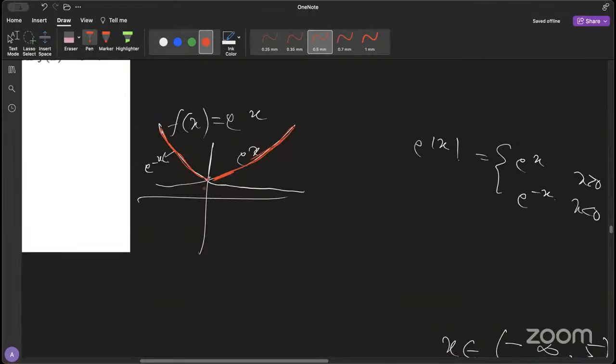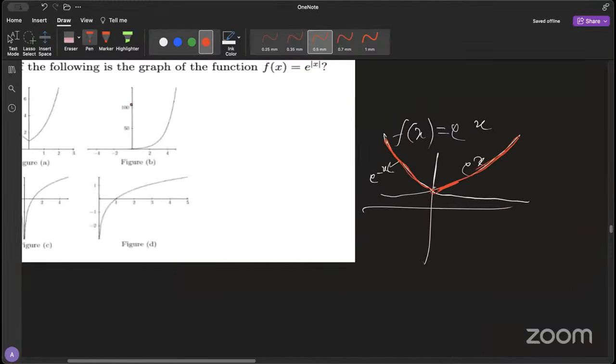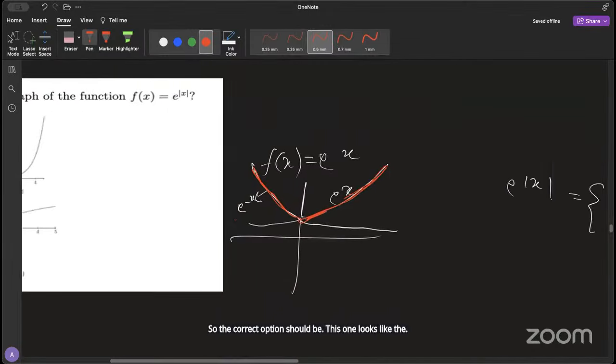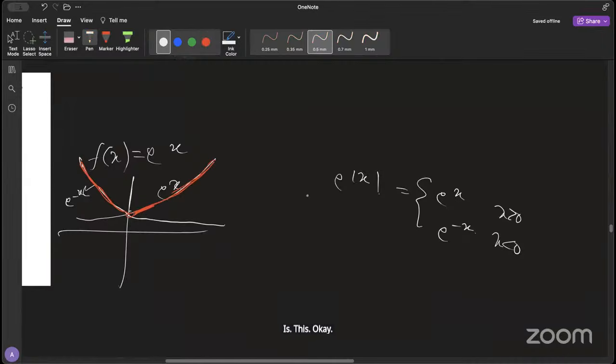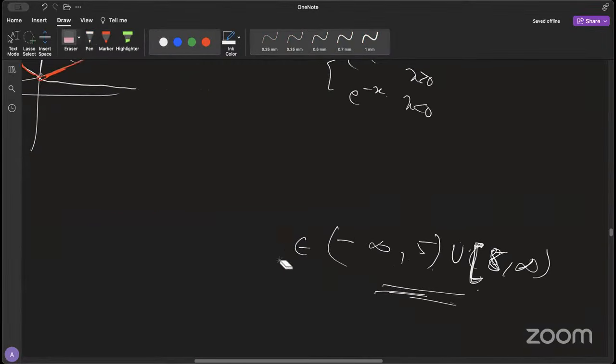That means your curve should be the red one, the one that we've marked with red. So the correct option should be this one. Is this okay? Can we move to the next question if this one is clear?